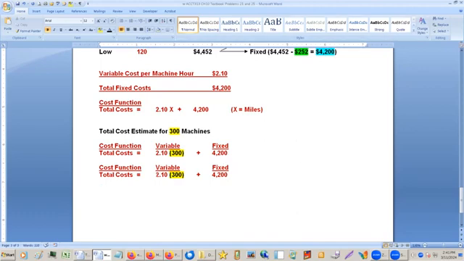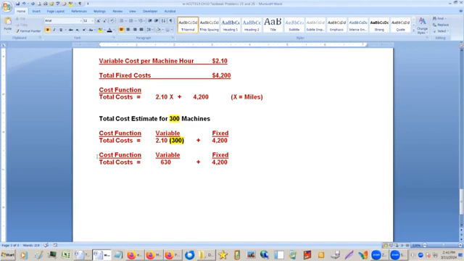So this would be 630 plus 4,200. So total cost will equal 48,330. I think. Did the math right? I think that's it. So we could actually use this to estimate what our total cost would be, and that's the idea behind it. We can now kind of control it.